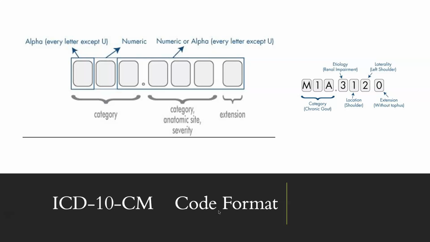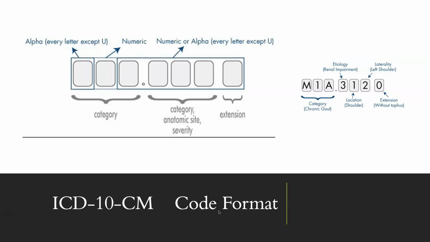Usually the third character is also numeric. But once you hit the 4th, 5th, 6th, 7th, it could be alpha, it could be numeric. The 7th character is almost always going to be a letter, usually A, D, or S. But 7 character codes are specific, and we'll go through those. Mostly what you're going to be dealing with is 3 characters to 5 or 6 characters. That's going to be consistent.